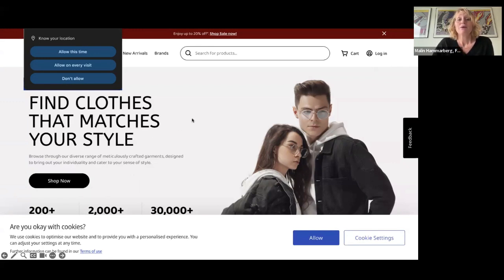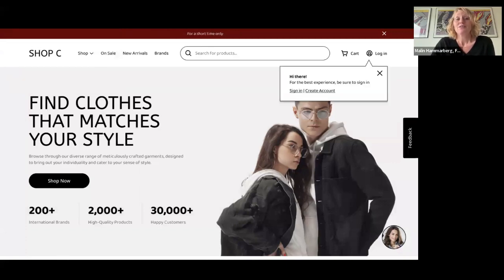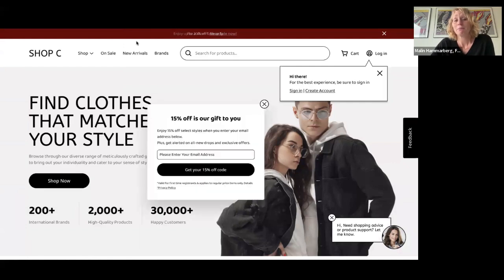There are usually objects of feedback, or at the top a sales promotion that they want us to take. And even if we remove these, say okay to the cookies, and choose if we want to share our location, more things start to pop up.